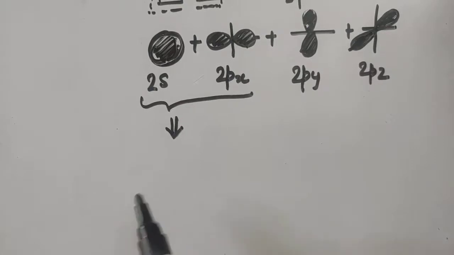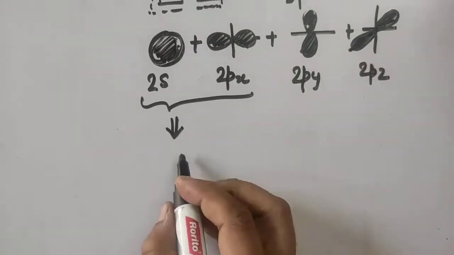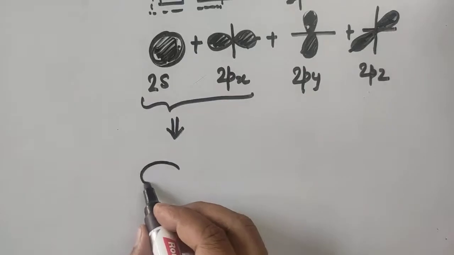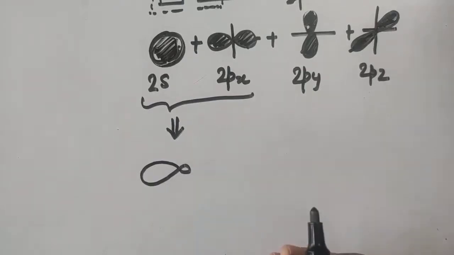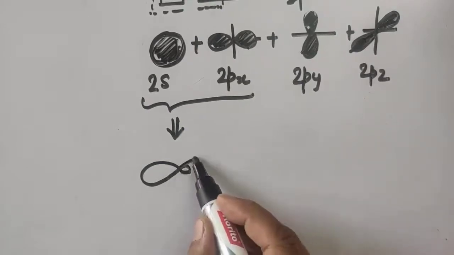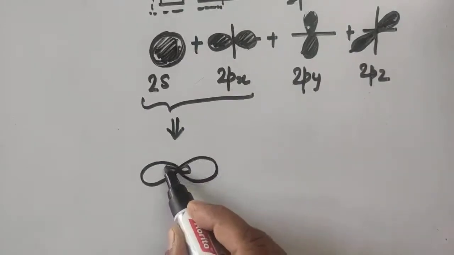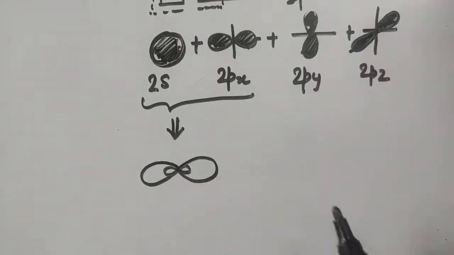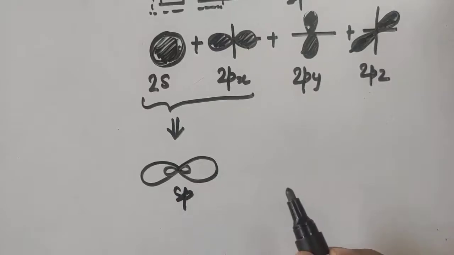So here 2 orbitals are mixing, so the total number of hybrid orbitals formed will be 2. The orientation of these orbitals is such that they experience minimum repulsion. So the shape of the hybrid orbitals is like this and they will be oriented together like this. These are the 2 hybrid sp orbitals.